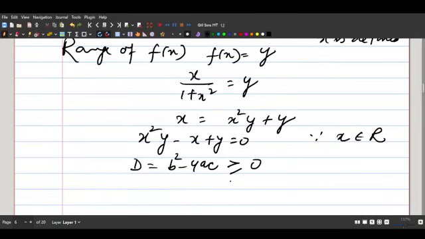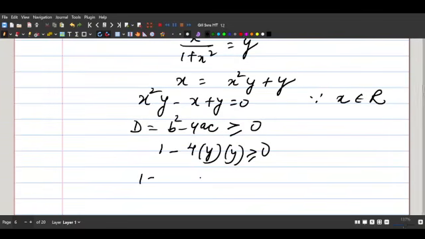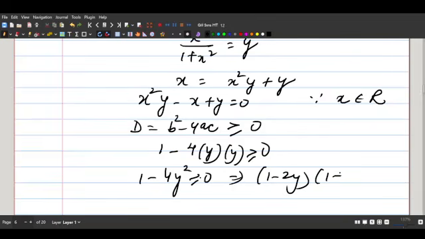Now if I put the values, b is minus 1, a is y, and c is y, so basically it gives you 1 minus 4y square greater than or equal to 0. I can break it into parts: 1 minus 2y, 1 plus 2y greater than or equal to 0.